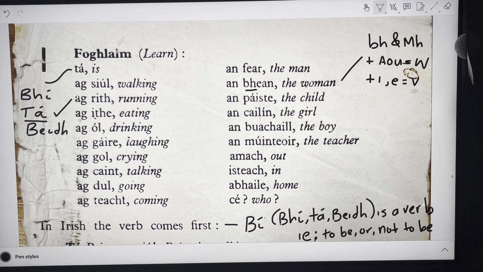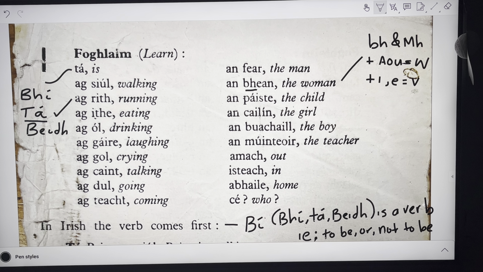And bean, as you can see from my notes here, BH and MH with an A, O, U equals W, and with an I and an E, it equals V. So an bhean, not an vean, an bhean, the woman. And páiste, now listen to that pronunciation, páiste, not paiste. Páiste is a patch of land, and páiste, the child.